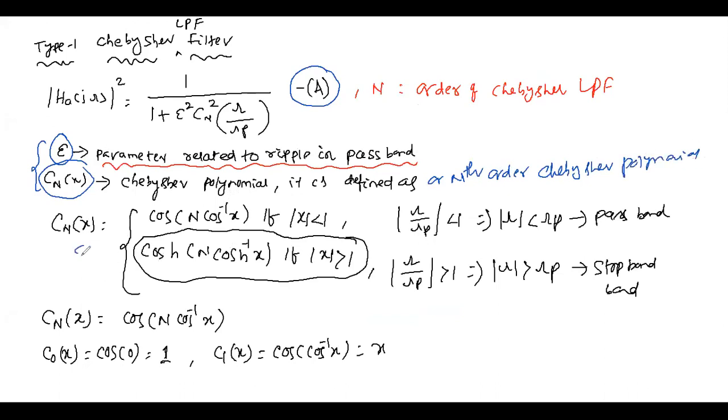Then we defined it as cos of n cos inverse x if mod x is less than 1, or cosh of n cosh inverse x if mod x is greater than 1. Then we found some values, C0(x), C1(x), the Chebyshev polynomial values for different values of n.